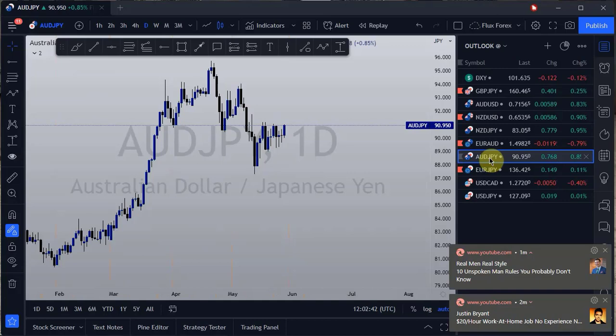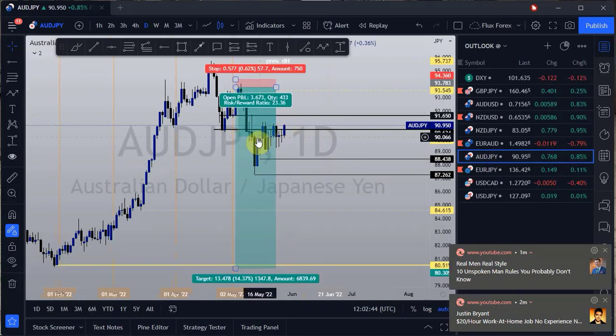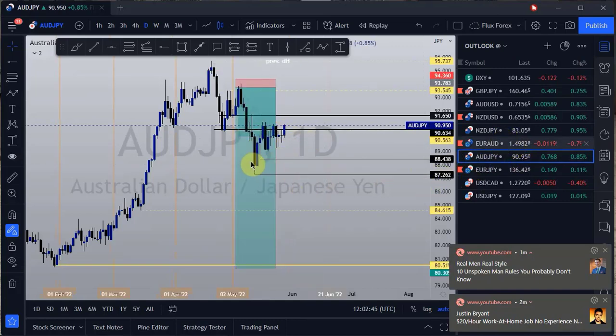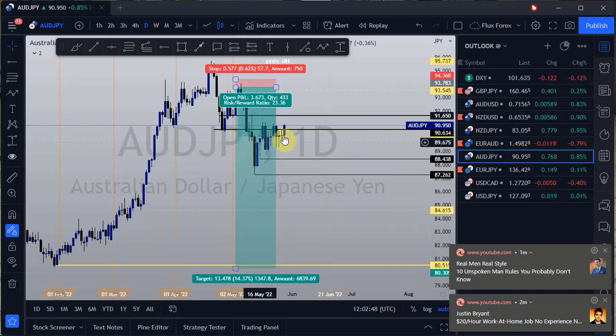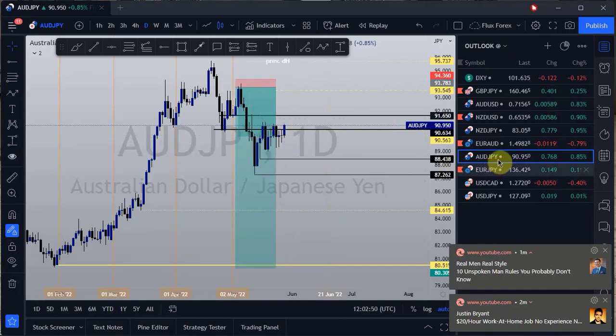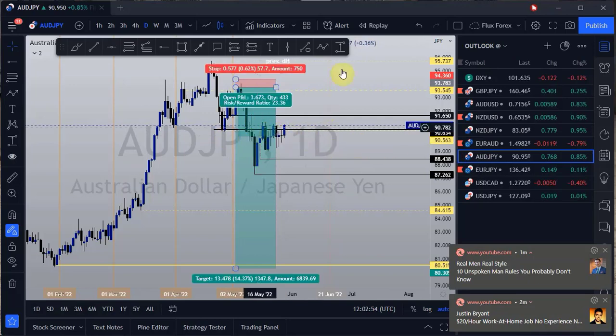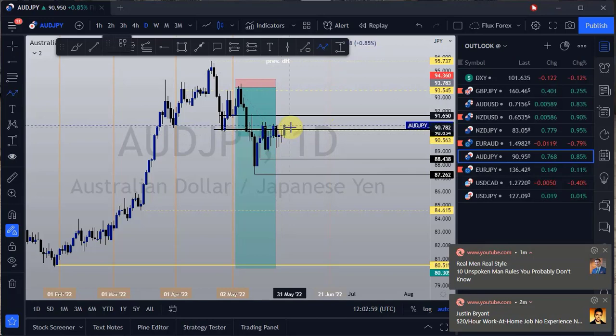Just as we saw for NZDUSD, we are seeing the same thing on AUDJPY, just that AUDJPY is already in the zone. So going into this week, we might see a little bit of a push up, and then I expect to see price start pushing down.